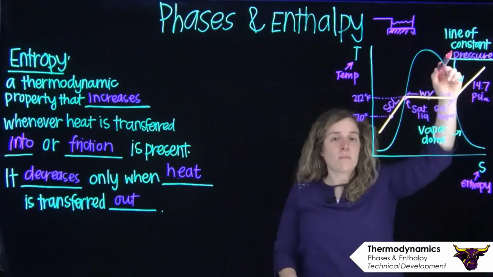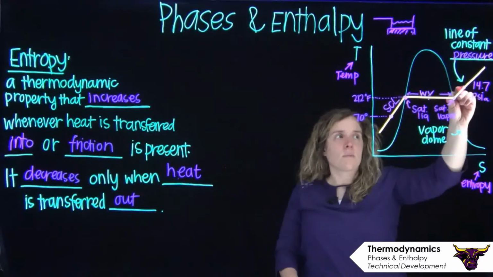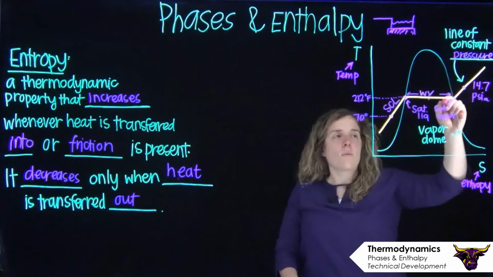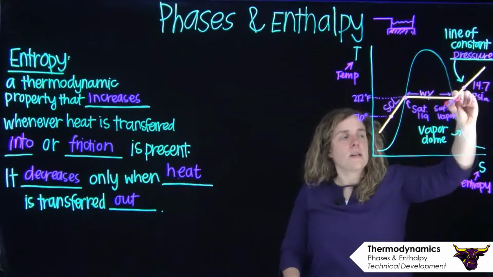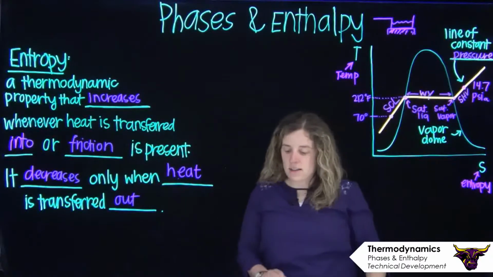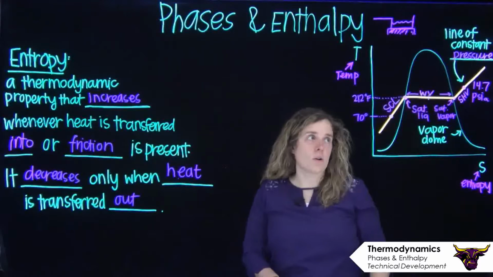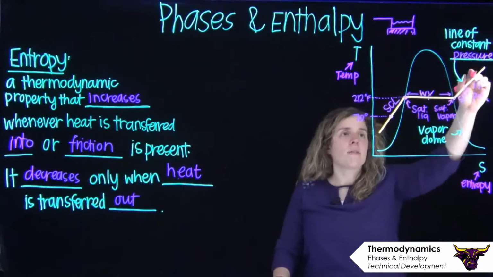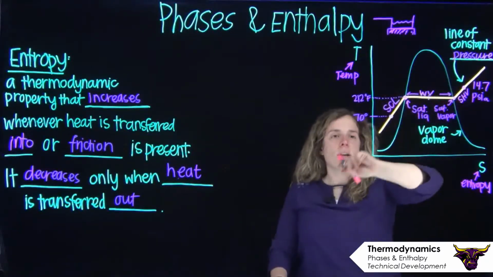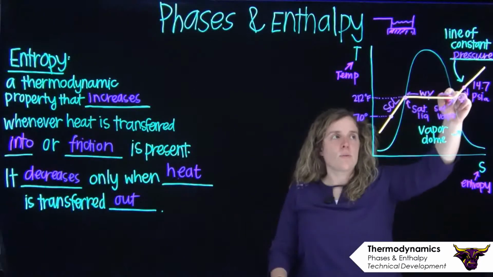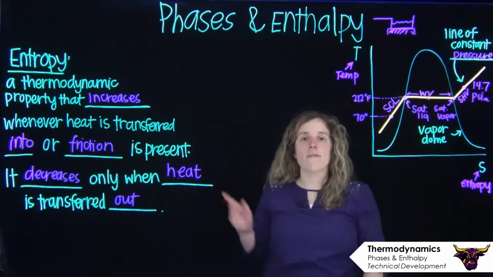We're still at that same pressure, but we're going to end up here somewhere. We'll put SHV, because it is a superheated vapor. In this stage, we are above the temperature of boiling. We have now boiled off all of our liquid, and we're just increasing the temperature of that vapor.